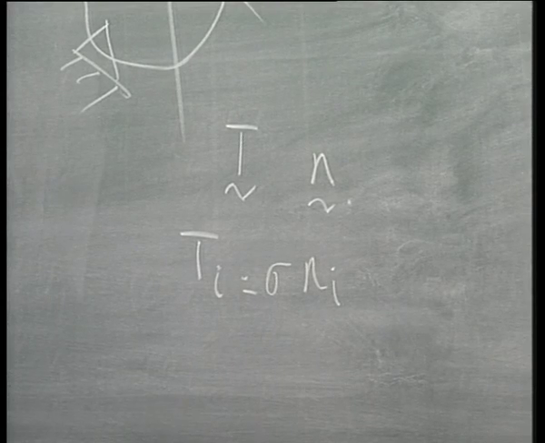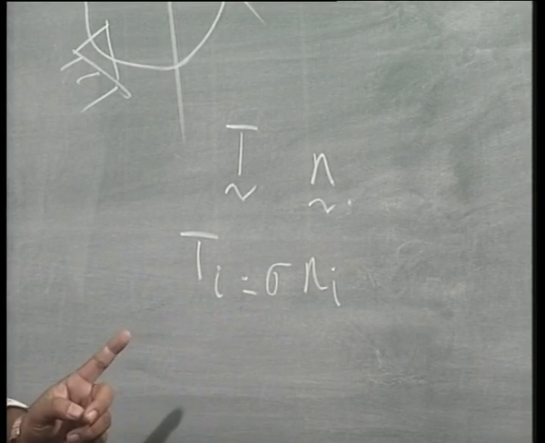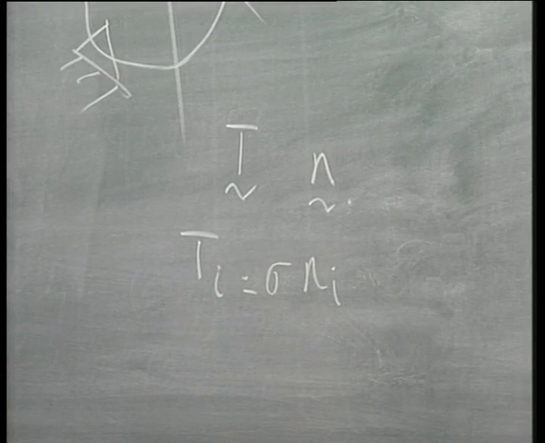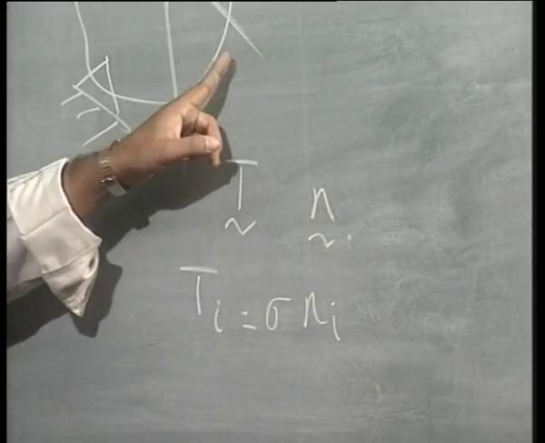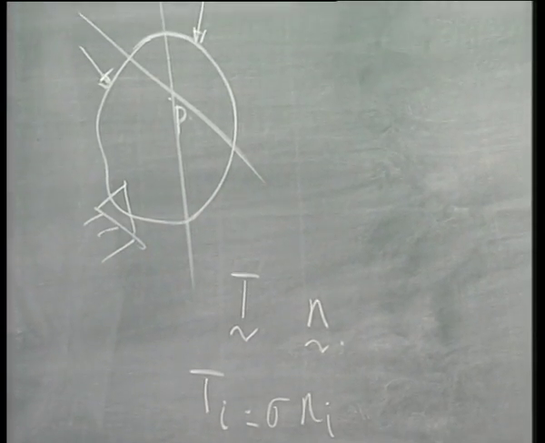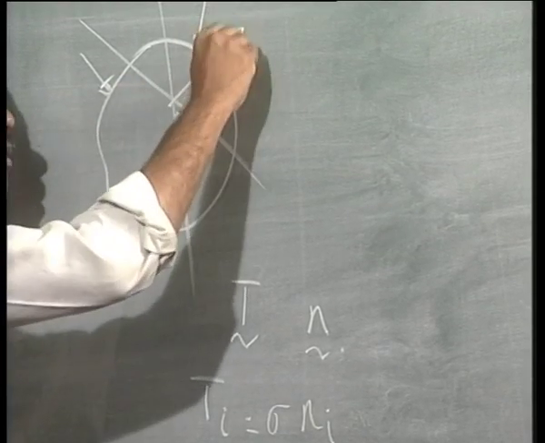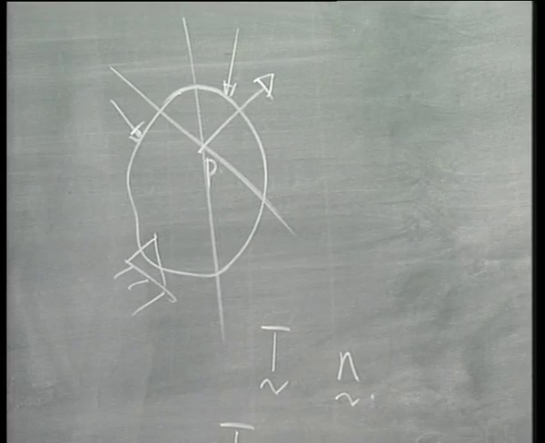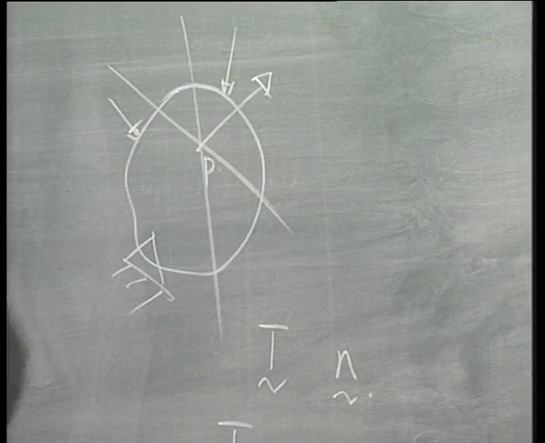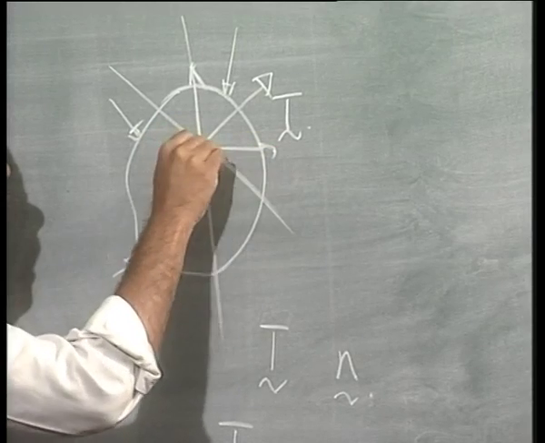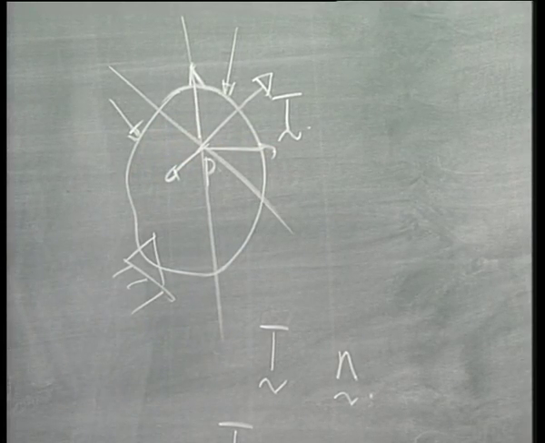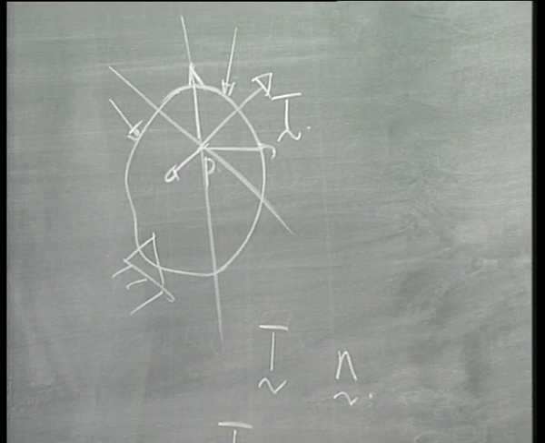Please note that when I resolve T1, T2, T3, they are along the 1, 2 and 3 directions. Suppose I assume that this plane is the principal plane, then if that is the normal, the stress vector will be along that. And please do not get confused, T1, T2 and T3 is how I am going to resolve T in 3 directions.